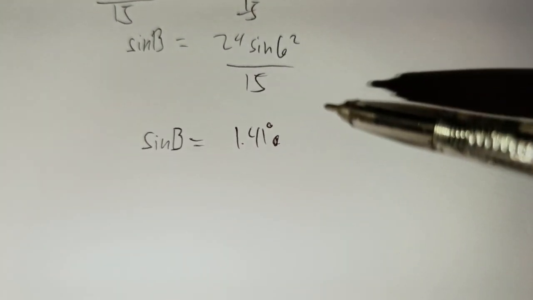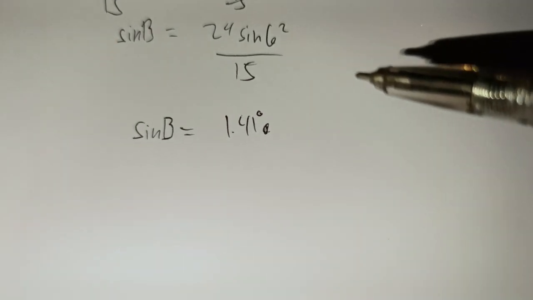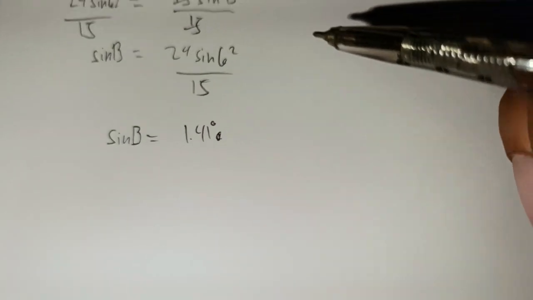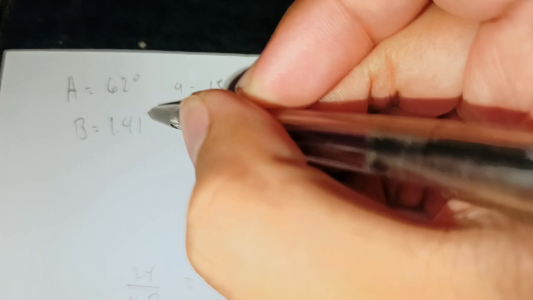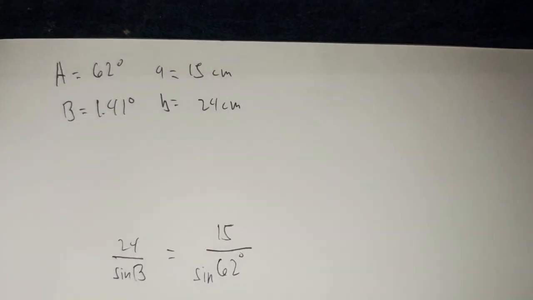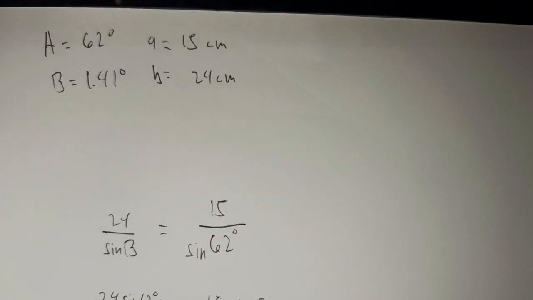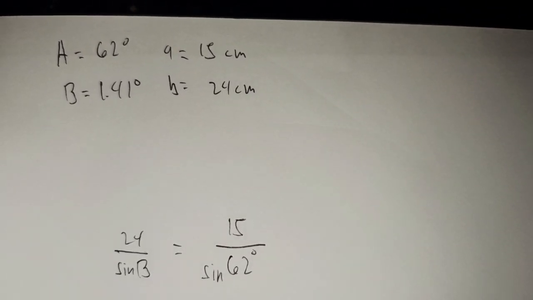Now we have the answer. Sine B is equal to 1.44 and the problem that is given to us is now answered, where B is equal to 1.41 degrees. And if you're wondering, if we don't add the C, it's still the same.